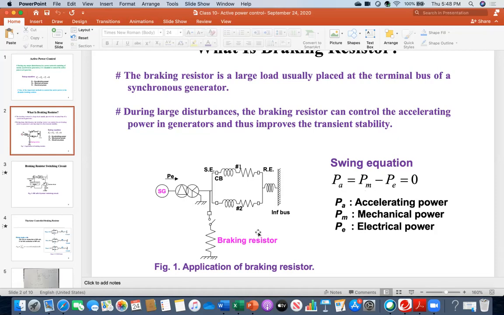Now you can easily guess, are there any other drawbacks? I understand that there is an automated switch opening and closing, but could you guess what the other problems could be? As I said, it will handle this amount of power, so with regard to that, what could be the other problem?